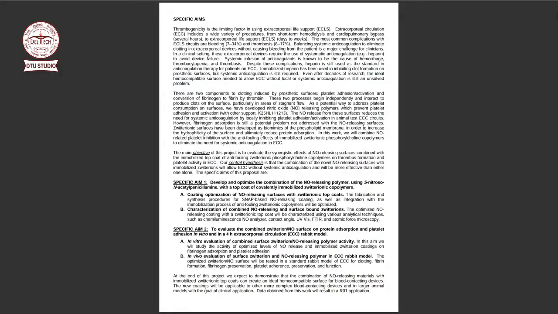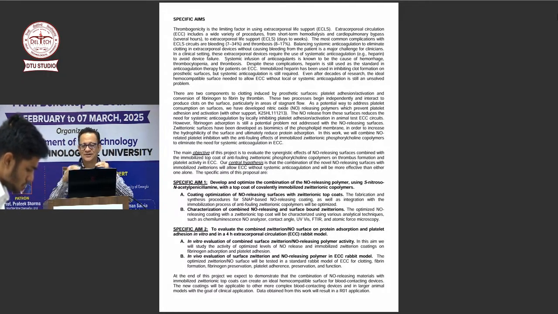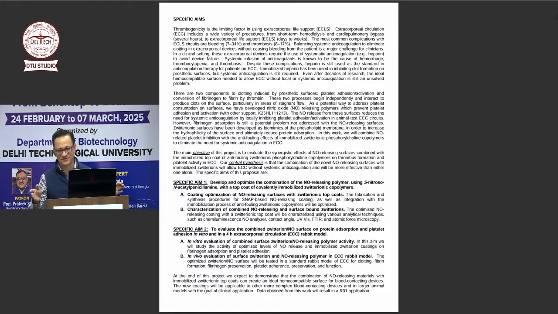And then using nitric oxide analyzer, contact angle, UV-vis, FTIR, atomic force microscopy, I'll characterize my surface for the right amount of NO release, right amount of contact angle, how smooth my surface is. I'll use these techniques to optimize my surface.